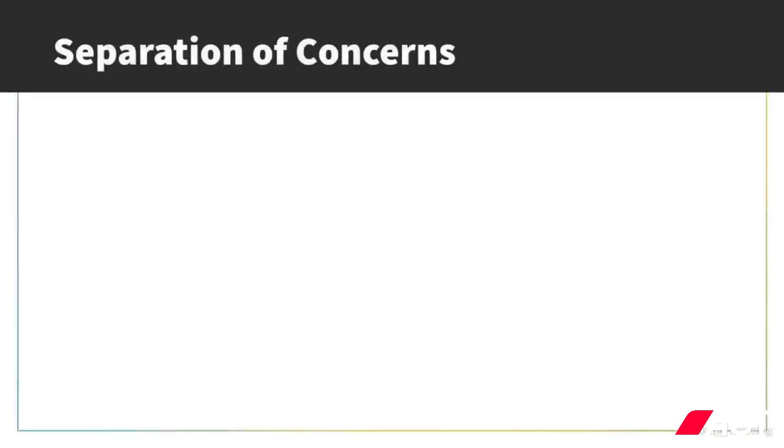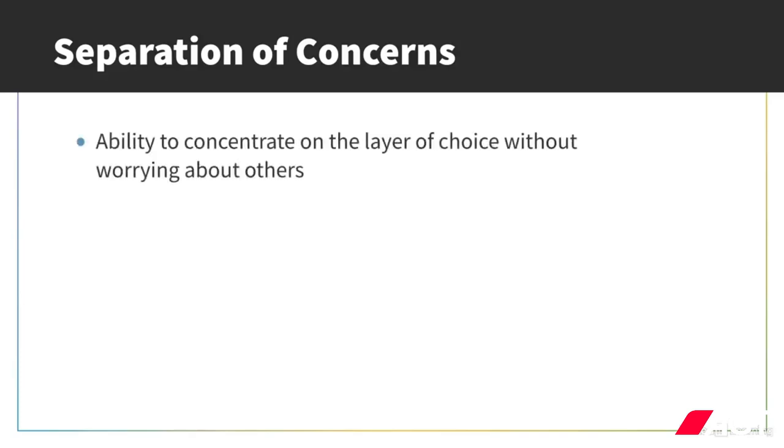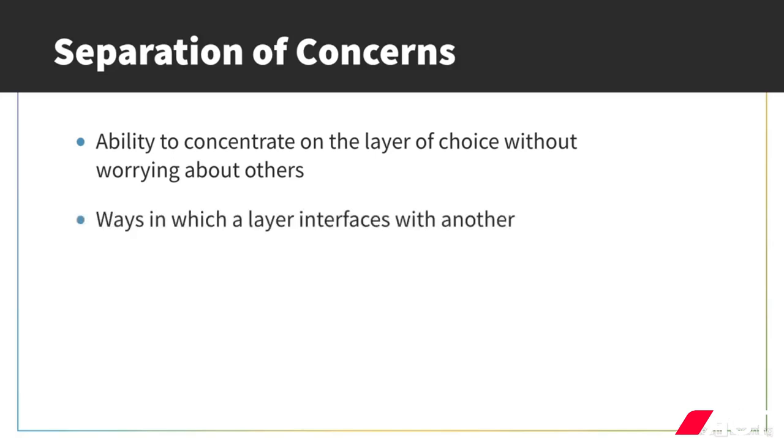One of the benefits of adopting the layered approach is the separation of concerns. What I mean is the ability to concentrate on the layer of your choice when developing technologies without worrying about the other layers, as long as there are clearly defined ways of how one layer interfaces with another.